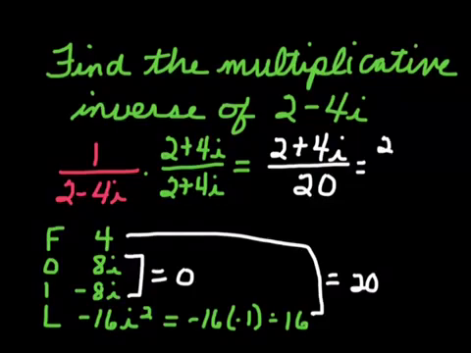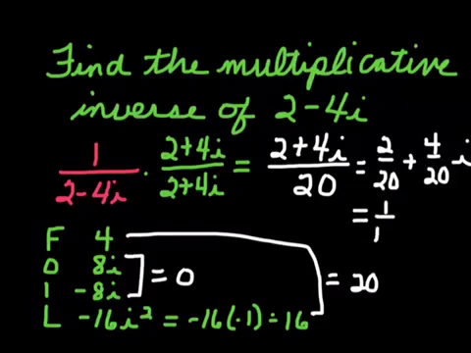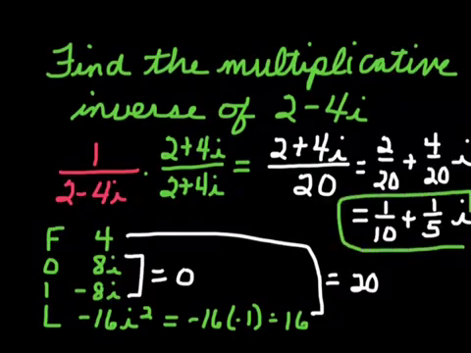So we have 2 over 20 plus 4 over 20 i. The i is out to the side. It's not in the top or the bottom. 2 over 20 reduces to 1 over 10, and 4 over 20 reduces to 1 over 5. And bring down your i. There's your answer. That's the multiplicative inverse of 2 minus 4i.